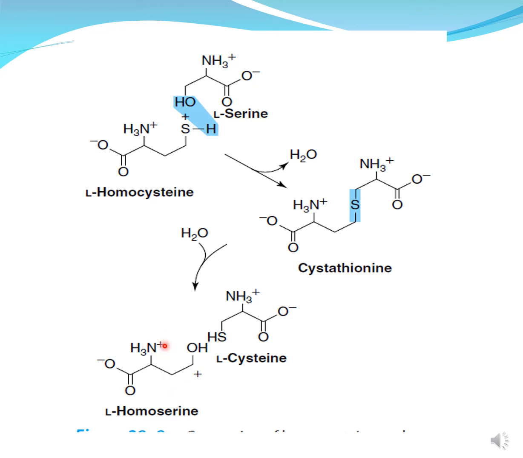L-homoserine is then split into alpha-ketobutyrate and free ammonia. This ammonia group is removed. The remaining is alpha-ketobutyrate, and this free ammonia is dealt with by several pathways. So L-cysteine has its carbon skeleton derived from serine. This is the synthesis of cysteine.